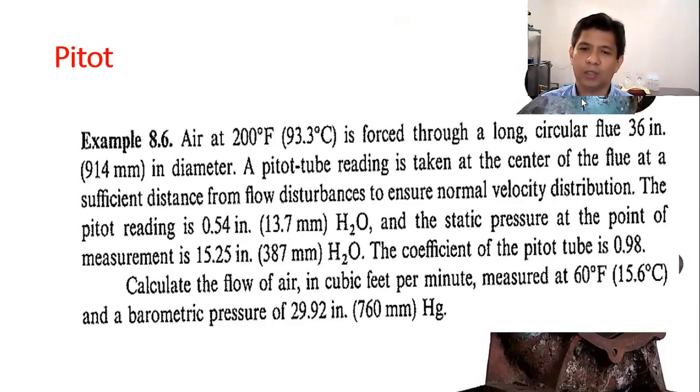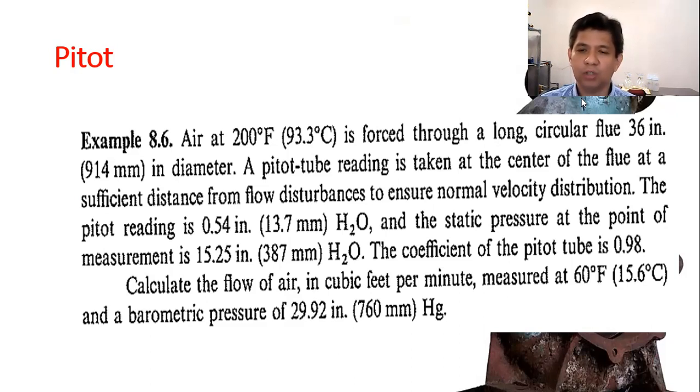Again, this is inch of water. So you must be careful, hindi siya inch mercury. The coefficient of the Pitot tube is 0.98, so that's your C. Calculate the flow of air in cubic feet per minute, measured at 60 degrees Fahrenheit and barometric pressure of 29.92 inch or 760 millimeter mercury or 1 atmosphere. So ang pinapahanap niya yung cubic feet per minute.